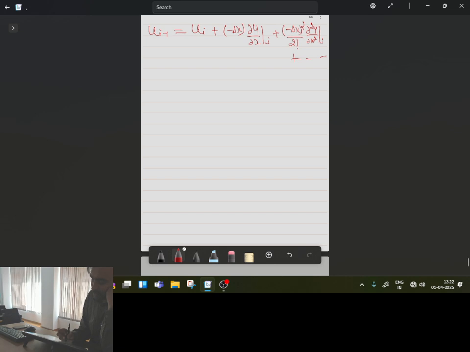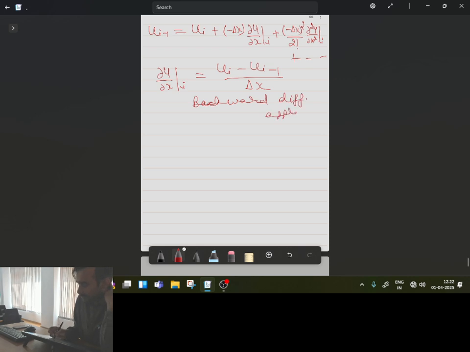And from here you will get that del u by del x at point I is equal to u at point I minus u at point I minus 1 divided by delta x. So this type of approximation is called backward difference approximation.